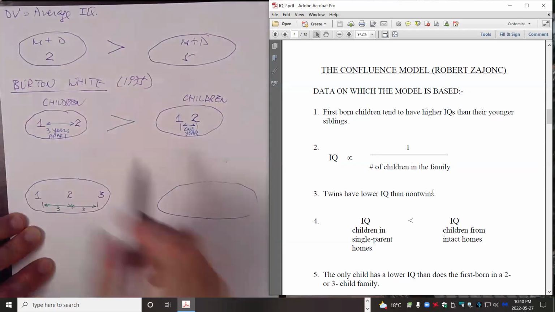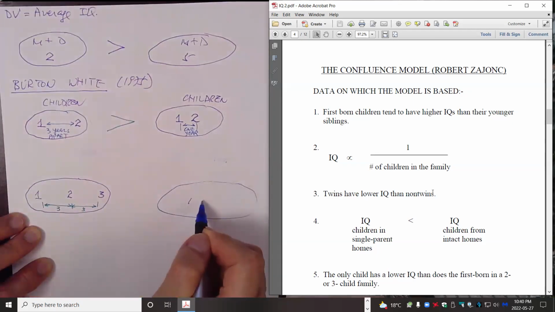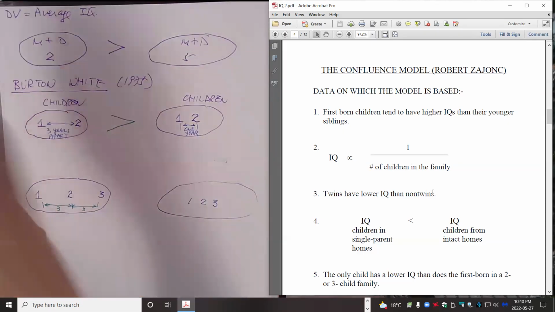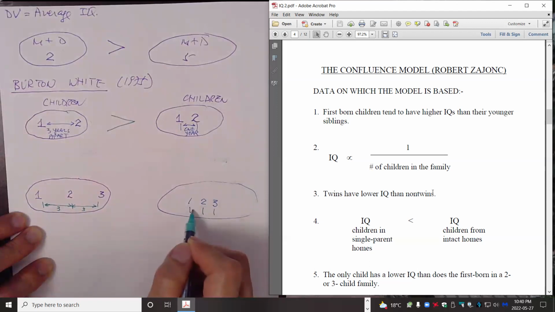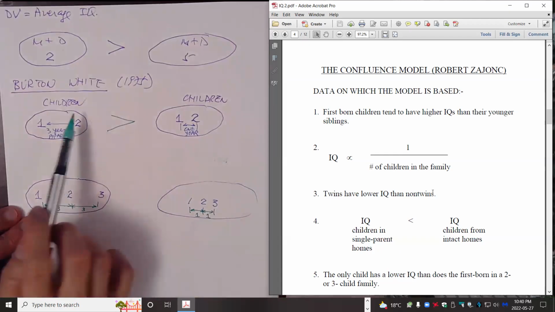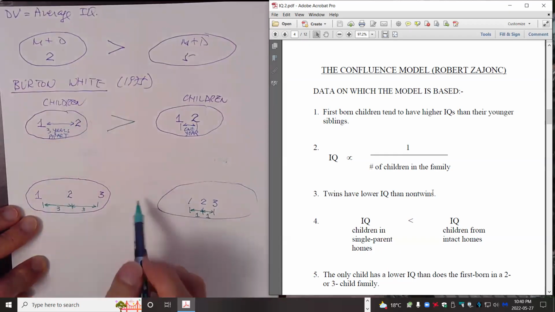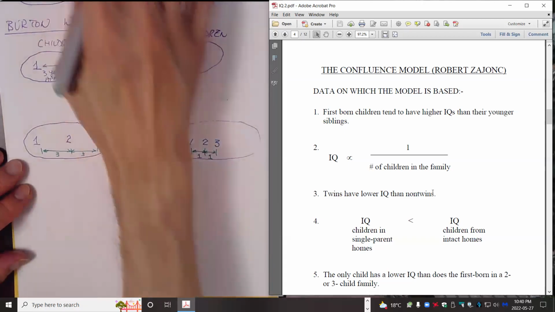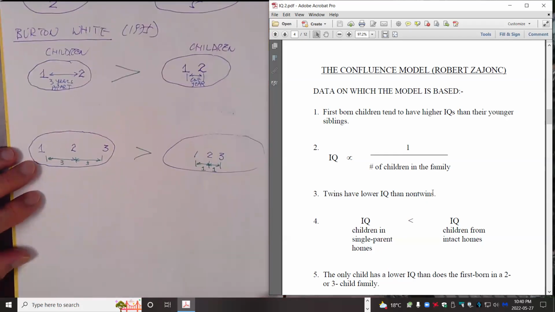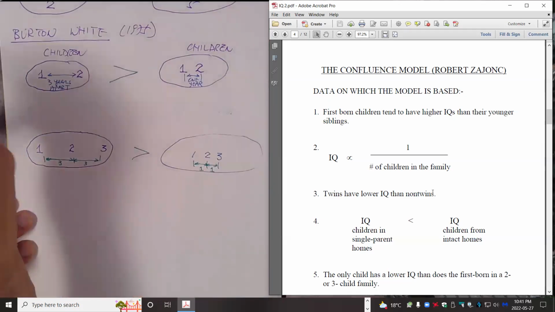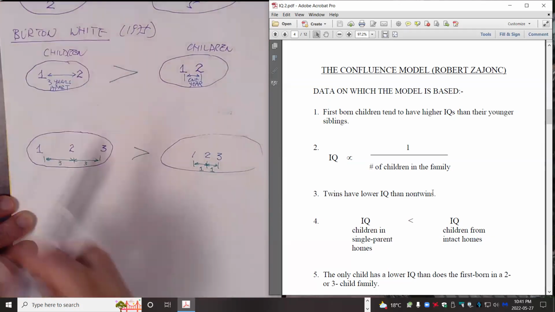And here we have just one. According to this, one has significantly higher IQ than this. Now, in general, this is the case, and later on we will revisit it. And I want to take the opportunity with a graph here.